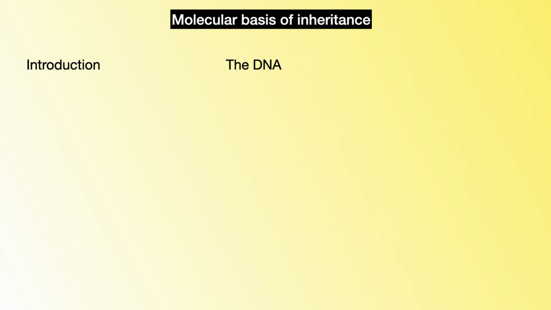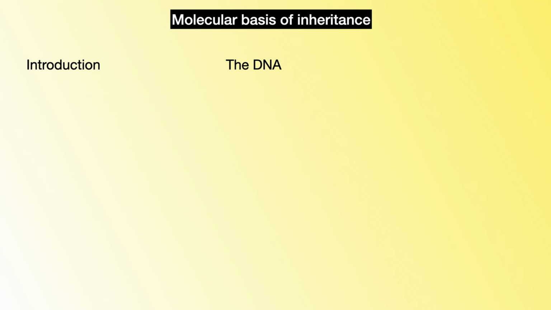Let us discuss the structure of this long polymer. DNA is a polymer of deoxyribonucleotides. RNA is a polymer of ribonucleotides. Deoxyribonucleotides and ribonucleotides together are referred to as nucleotides.